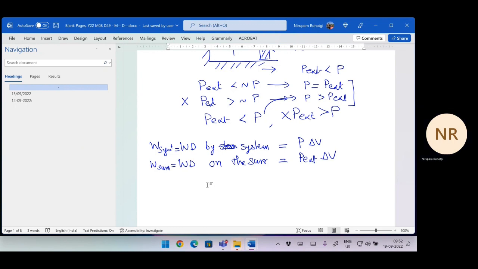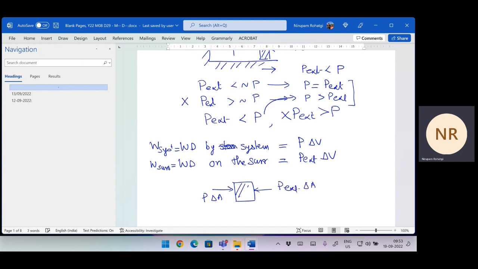So what has happened is you have a piston which has a force here, P into area, and there is a force acting on it, P external into area. Okay? And what will happen? This will get a velocity. So the extra work gets into the piston.